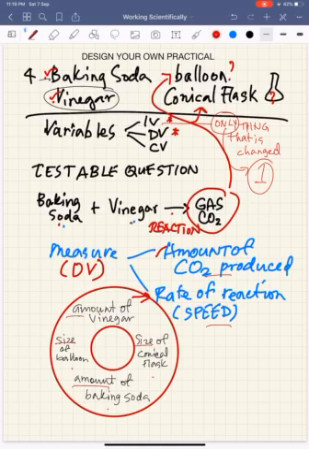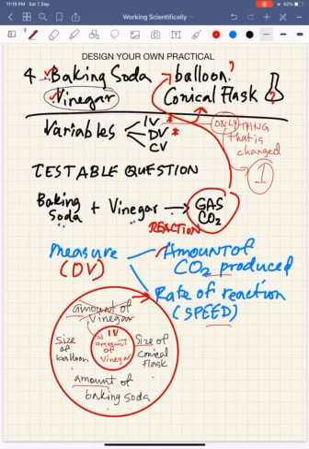Let's say you decide to change the amount of vinegar. You cross it out from the donut and move it to the inside of the donut, the donut hole. So now we put here amount of vinegar. Now that is your independent variable.